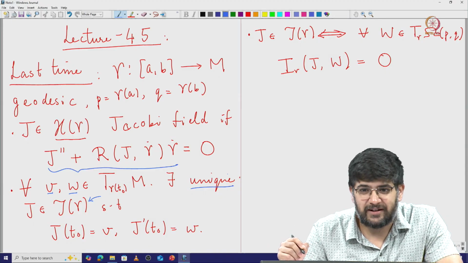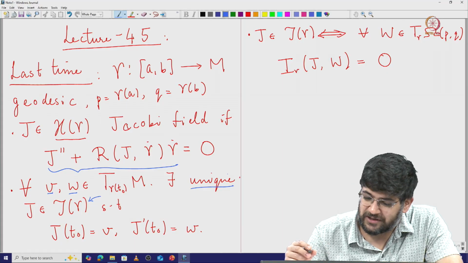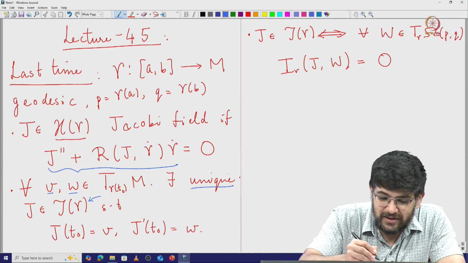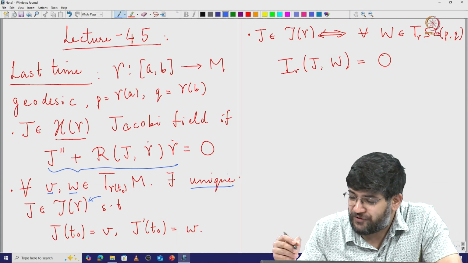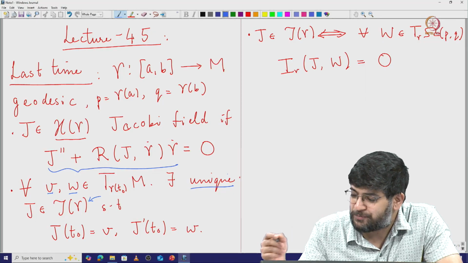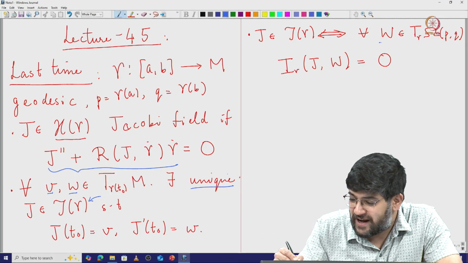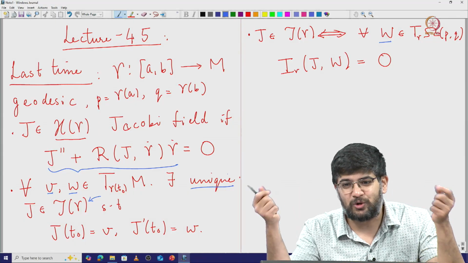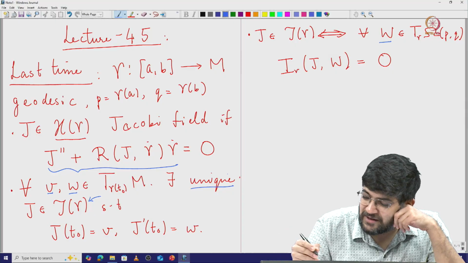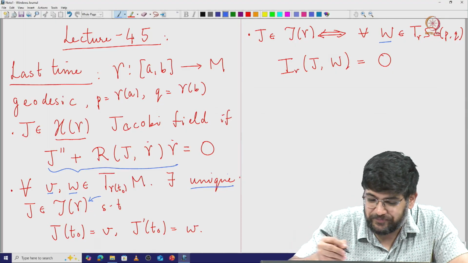Okay, and then at the end of the lecture I proved this very basic and fundamental result, that a vector field is a Jacobi field if and only if for all w in the tangent space to the path space, that means any admissible vector field w that vanishes at A and B, the index form applied to j comma w is 0.